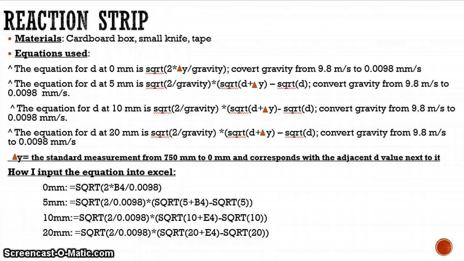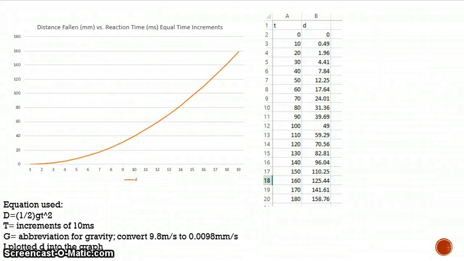With 20 millimeters, it equals the square root of open parentheses 2 divided by 0.0098 close parentheses times the square root of 20, in this case being 20 millimeters, plus E4, which is the delta y, close parentheses, minus the square root of 20, close parentheses, close parentheses.